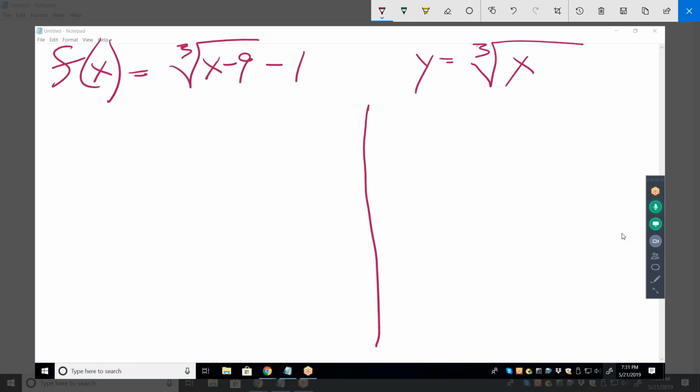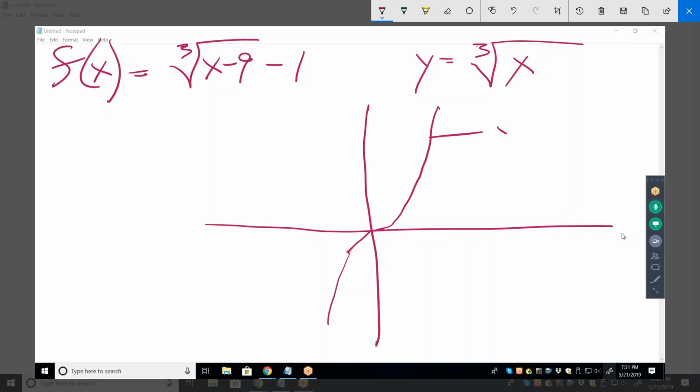Now, another elementary function is y equals x cubed. And I can always remember what that one graphs like. Looks like that. So that's y equals x cubed. Notice that this is the inverse, y equals the cube root of x.